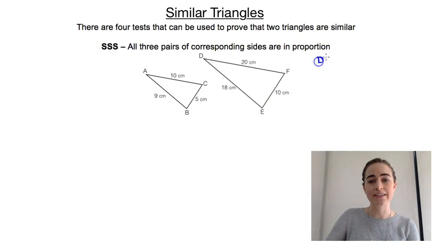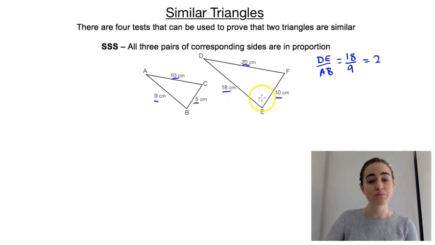So we could write that as DE over AB, and that would be 18 over 9, which would give us 2. So we can see that this side here has been doubled to get this one. If we did the same thing with all the other matching sides, the 5 has been doubled to get the 10, and the 10 here has been doubled to get the 20. So because all 3 of those pairs are in that same ratio, that means that they are similar triangles.